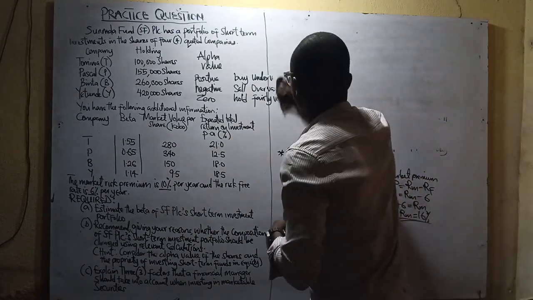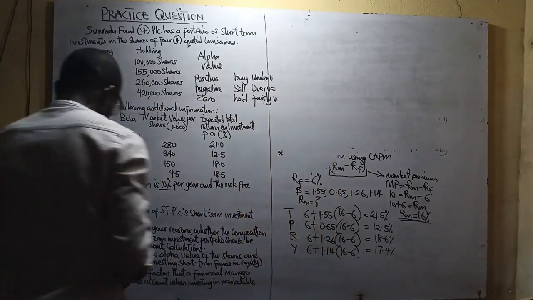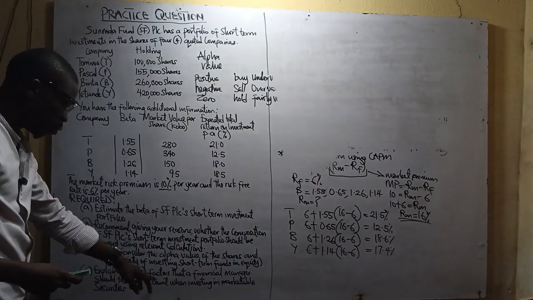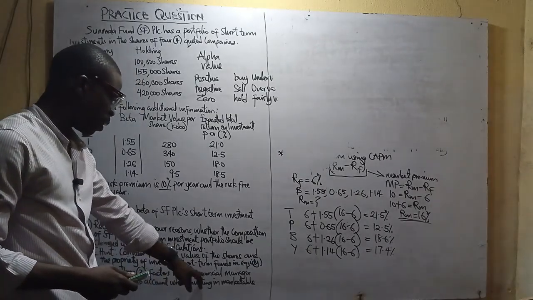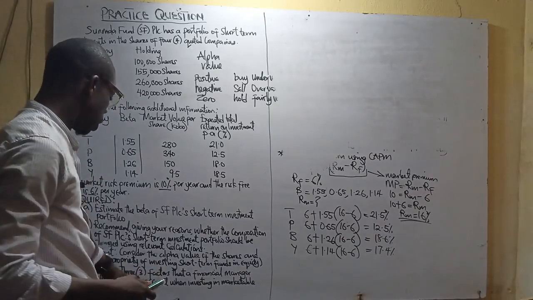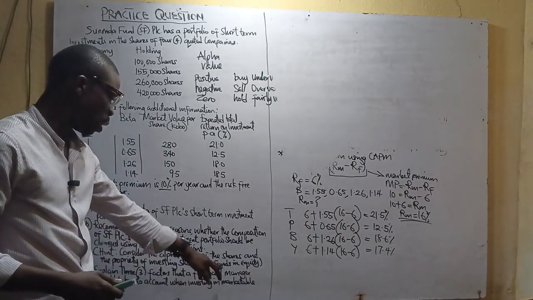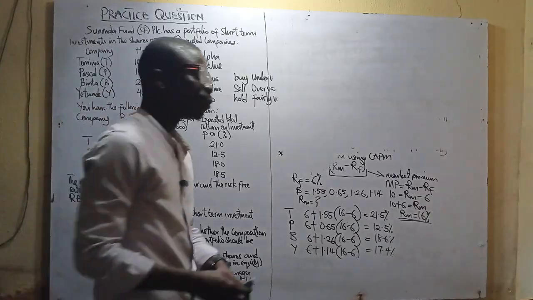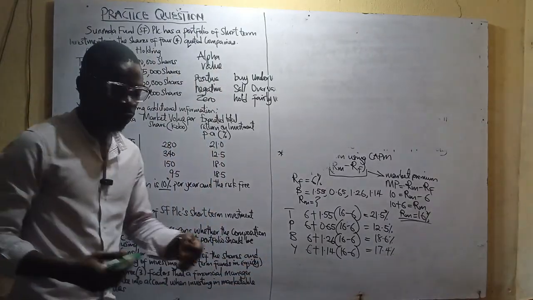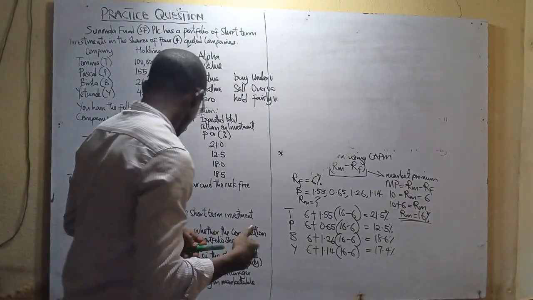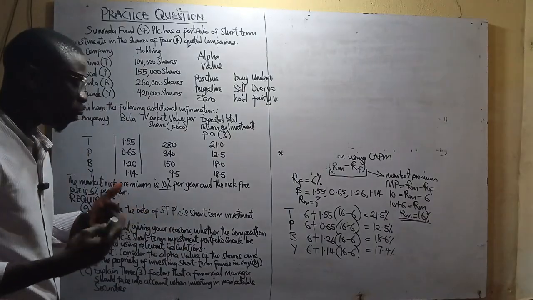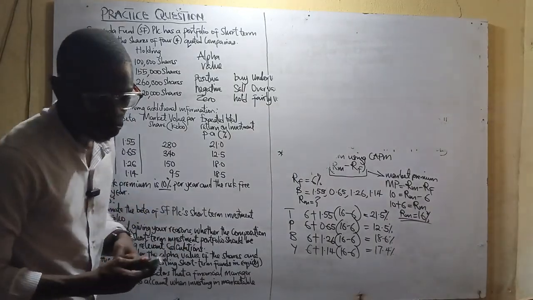Question C says, explain three factors that a financial manager should take into consideration when investing in marketable security. What are the three factors that a financial manager should consider when they are investing in marketable security?